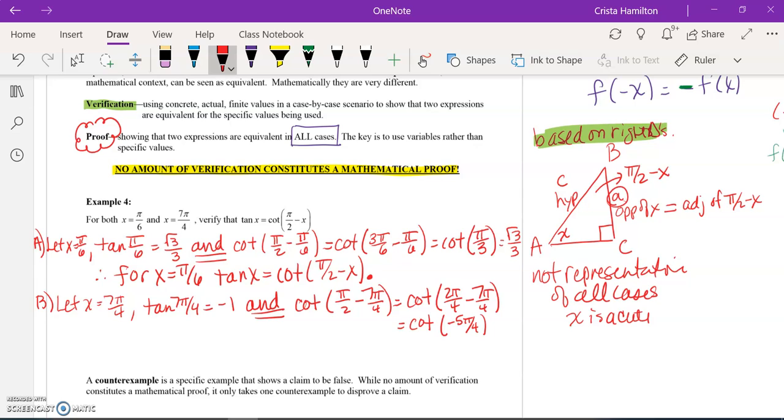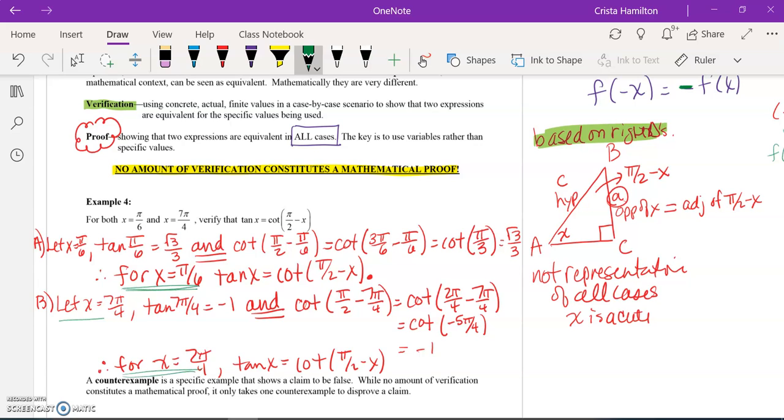Negative 5 pi over 4 is in quadrant 2, where cotangent is negative, and cotangent, the reciprocal of tangent, is still going to be negative 1 as well. So therefore, for x equal to 7 pi over 4, tangent of x equals cotangent of pi over 2 minus x.